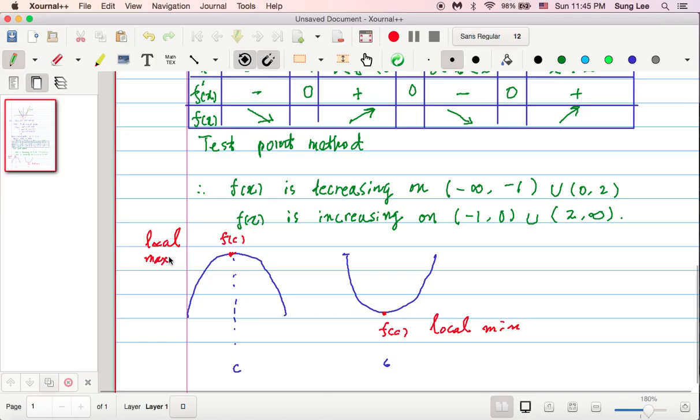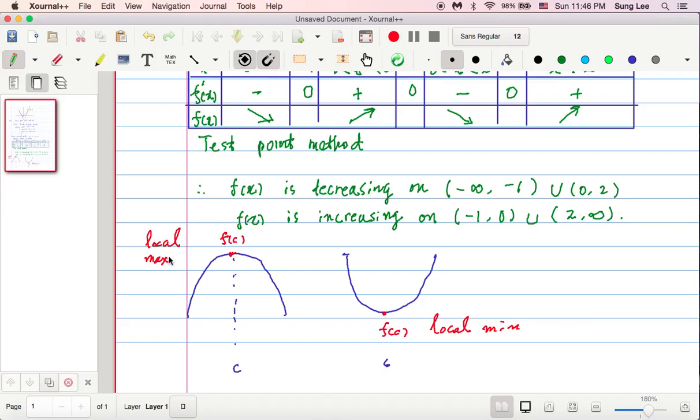If the sign does not change, then f of x has neither a local maximum nor a local minimum. Actually, I showed you an example in one of the earlier lectures. If you remember, that was y equals x cubed, right? In that case, x equals 0 is a critical point. However, the sign of f prime of x does not change at x equals 0, right?